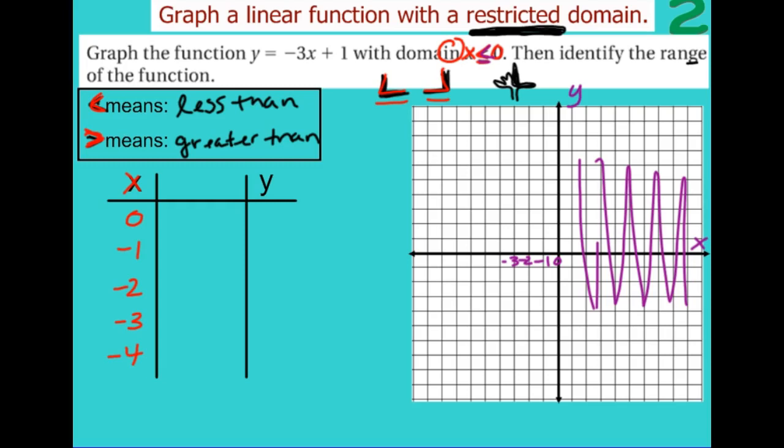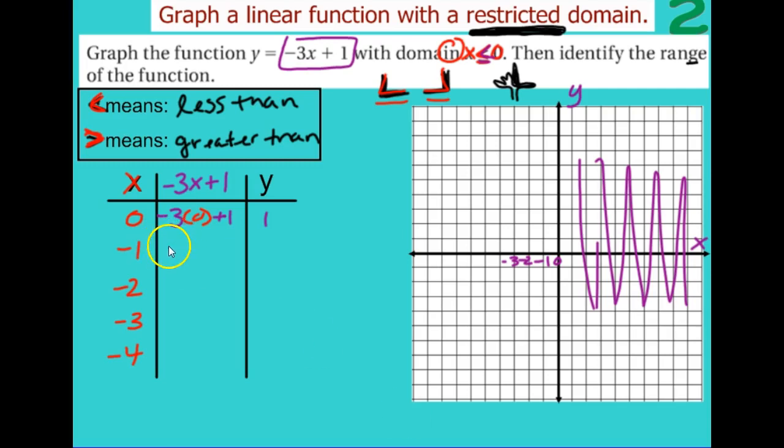So next, I am going to put my equation into my table. We have -3x plus 1. So first we're going to plug in a 0. -3 times 0, and then add 1. Well, anything times 0 is 0. 0 plus 1 is 1.